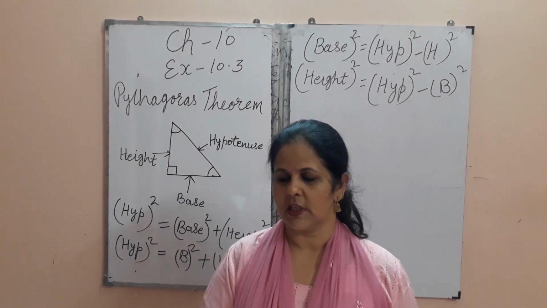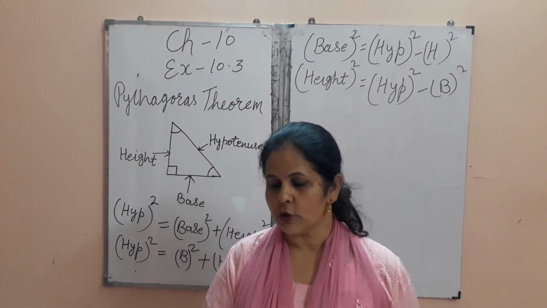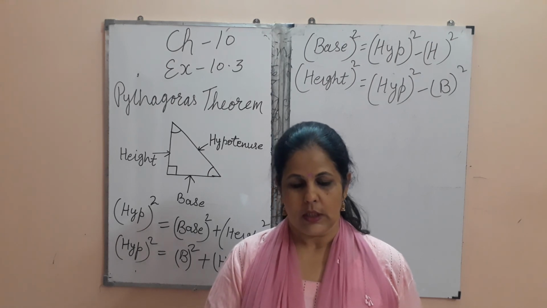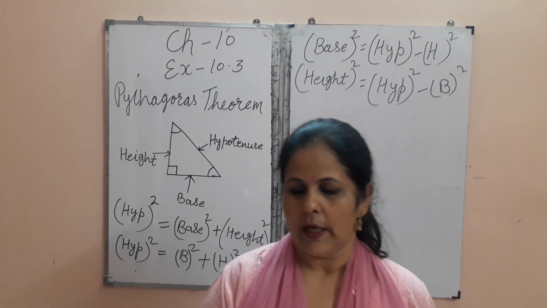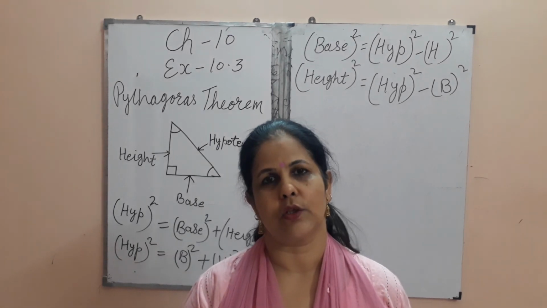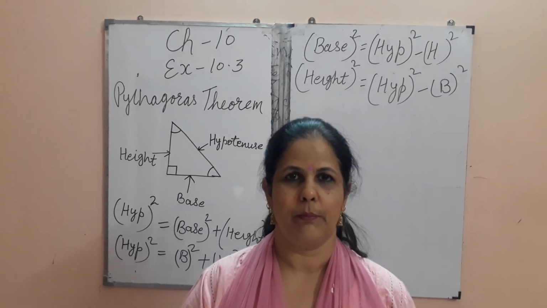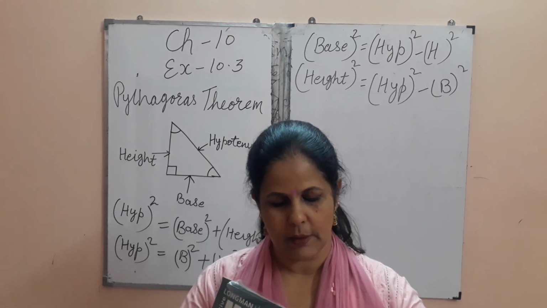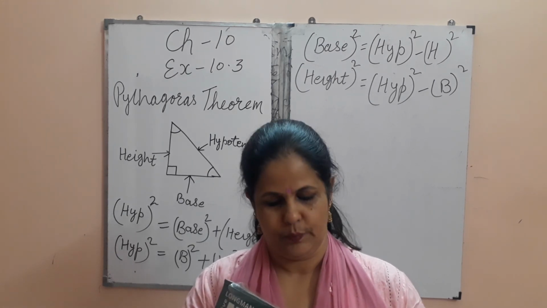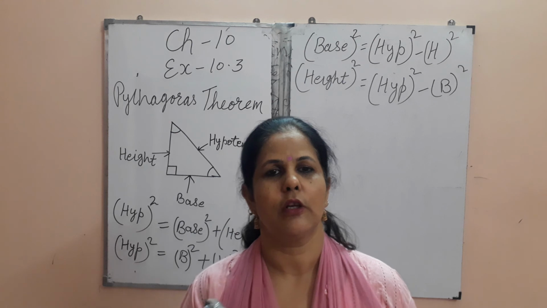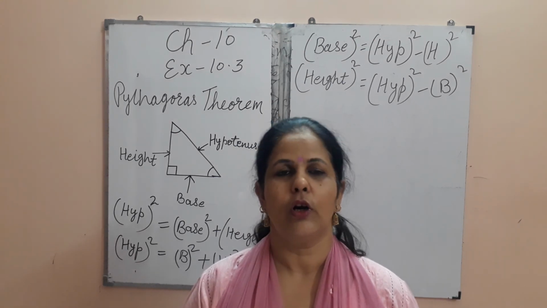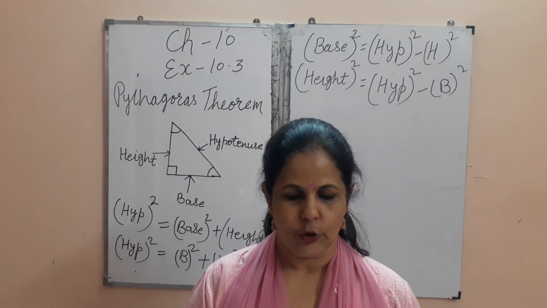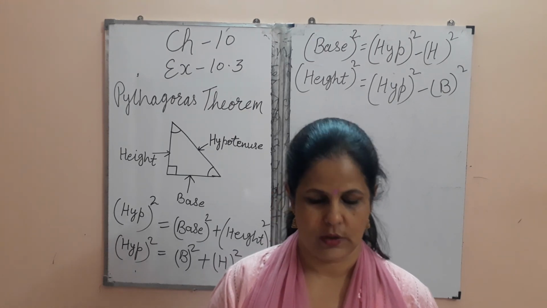Same type of sums are given in the exercise also. So I am solving the exercise questions. Examples you will do yourself, because the solution is already given. When I explain the exercise questions, the same questions are examples also, so you can understand them when you see my video. So do all the examples of all the exercises also. You should try yourself.